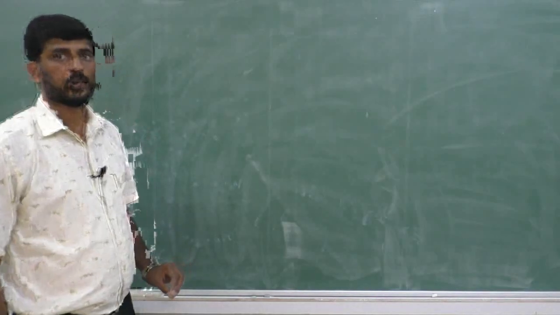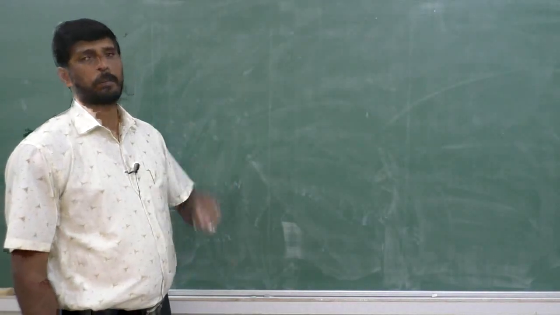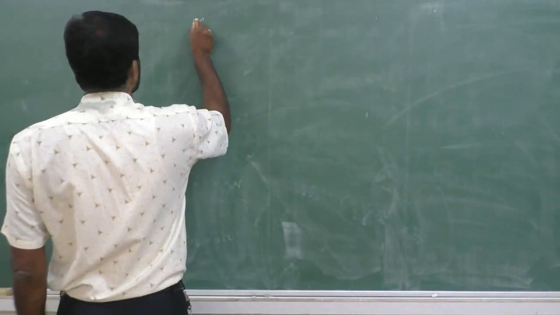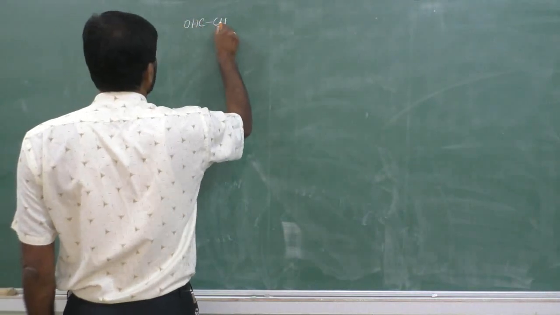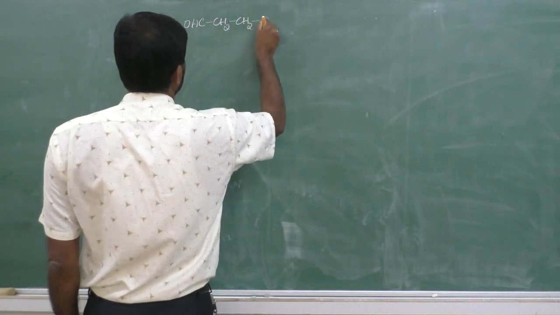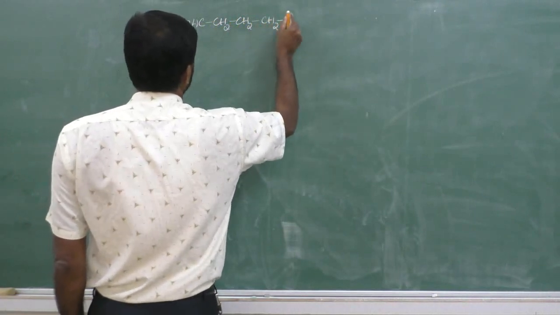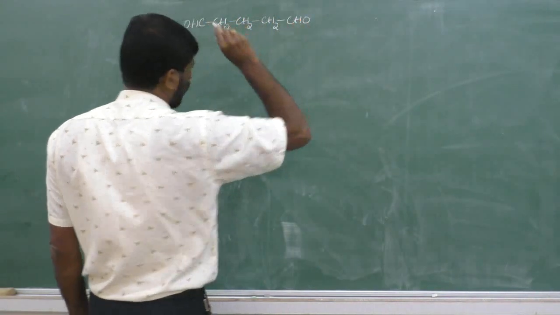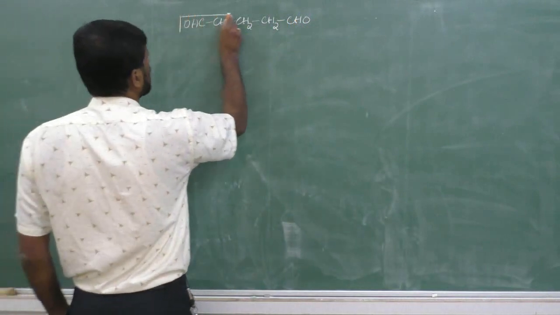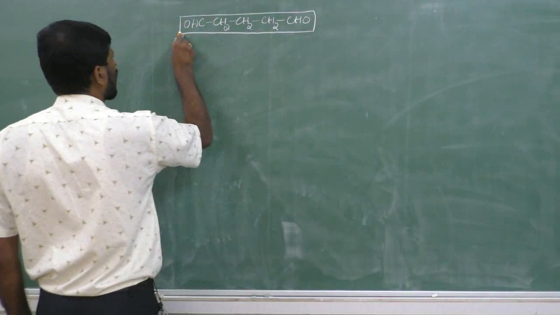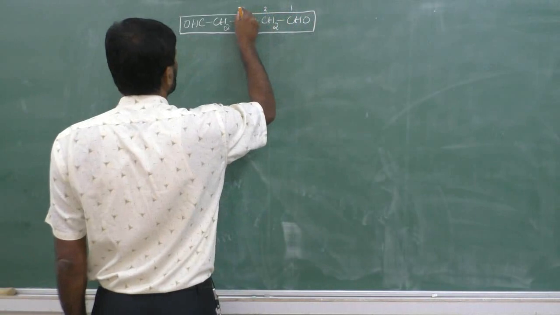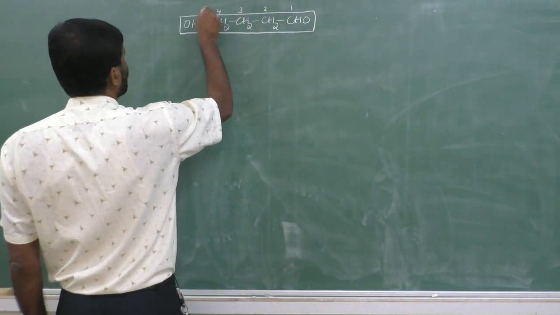Suppose two CHO groups are present, then what you have to do. For example, see, this is one compound: CHO, CH2, CH2, CH2, CHO. Now, this is the parent chain, and 1, 2, 3, 4, 5.